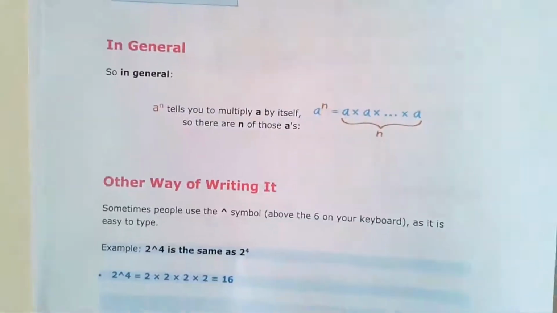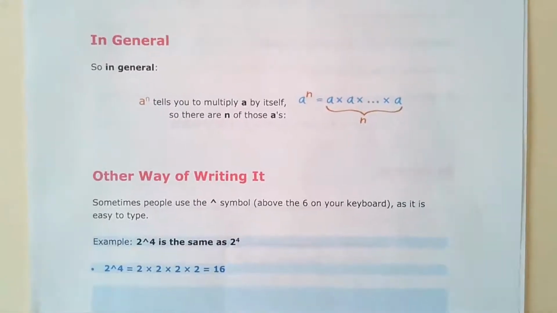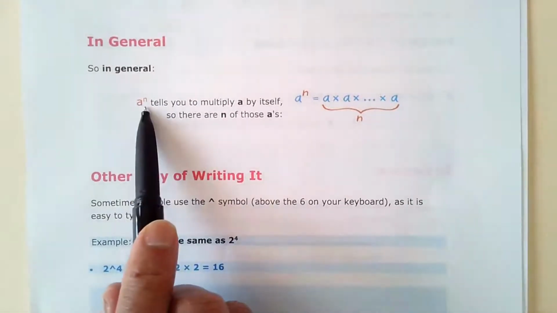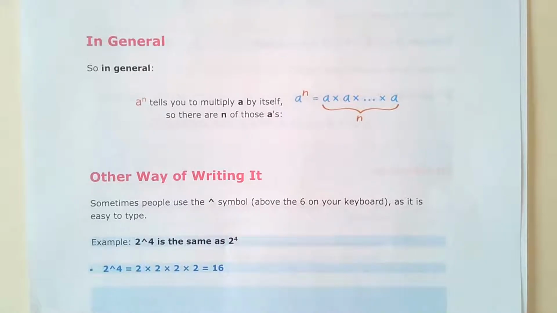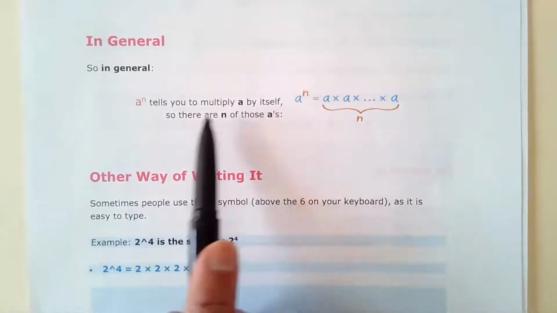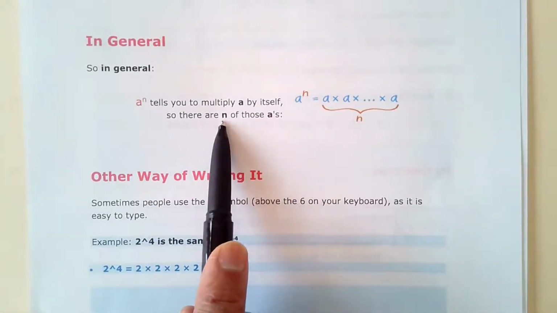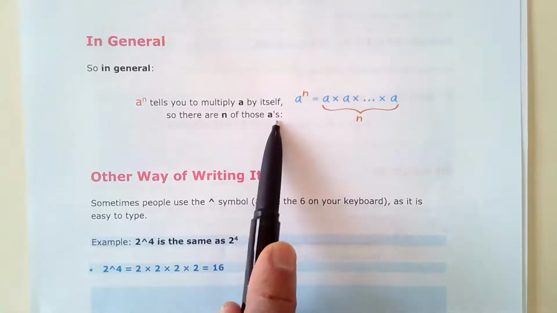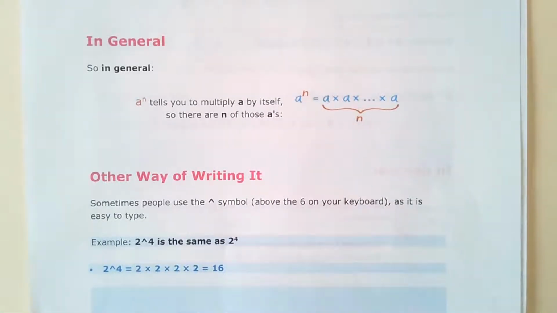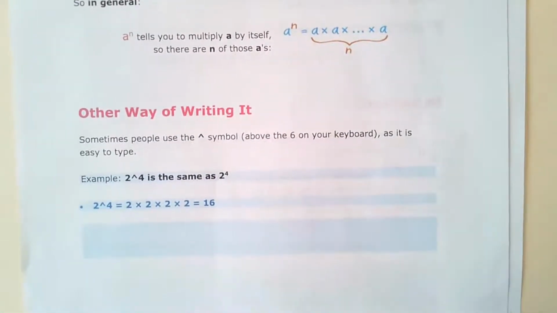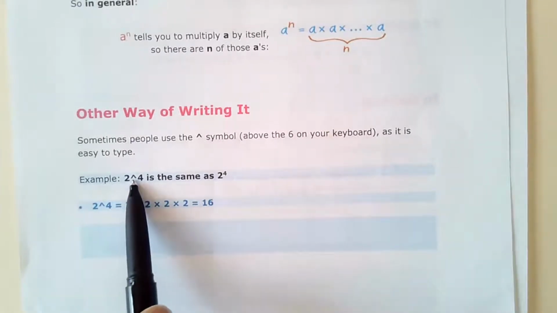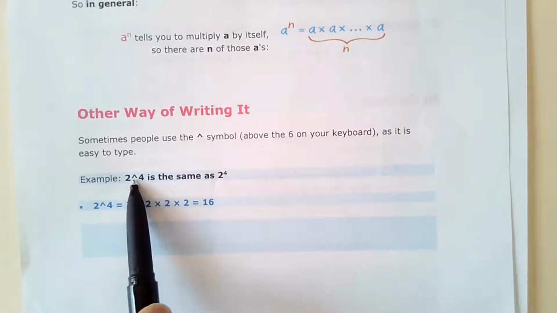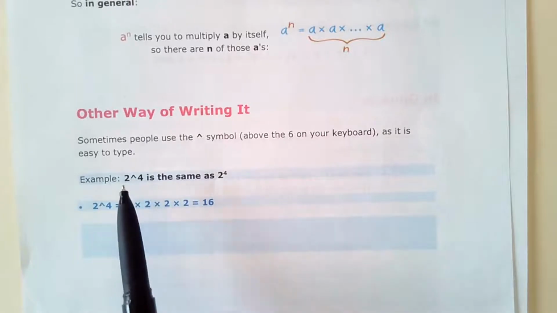So in general, a to the n tells you to multiply a by itself, so there are n of those a's. Sometimes because of the keyboard, you'll see a symbol for exponent.